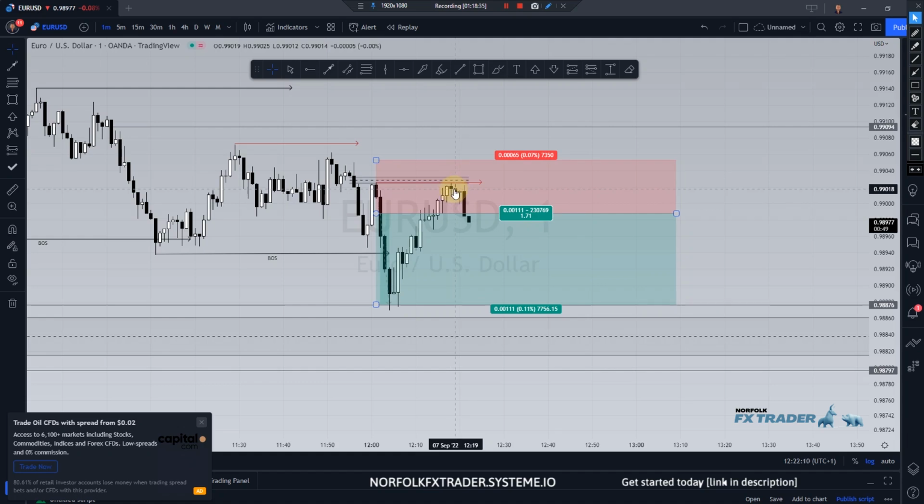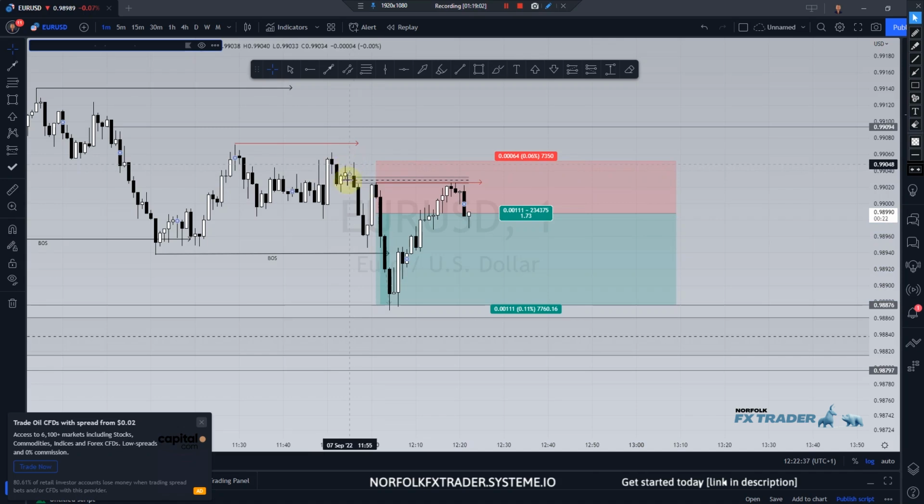So we haven't actually yet taken the high and gone in, and price has started to roll off. So if you were taking an entry above this high, you may not have actually been triggered in. Obviously, we took the entry here, the 50% of this imbalance level. Now, our stop was just here above this high.